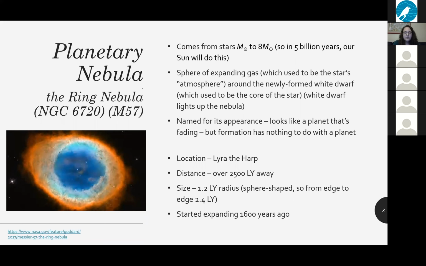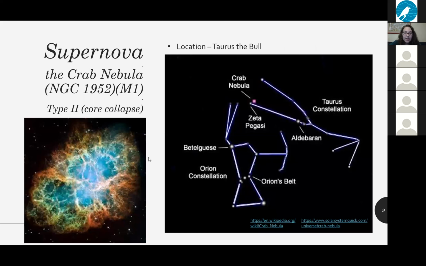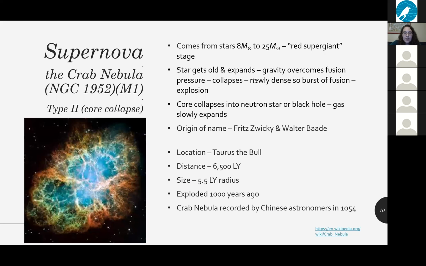Let's see. From Charles: do nebulas create new elements like iron or carbon? So during supernova explosions, especially, as the star gets old, it expands outwards, and then gravity takes over and collapses the atmosphere back inward, and then there's a new burst of fusion, so to speak, because it's all very dense again.